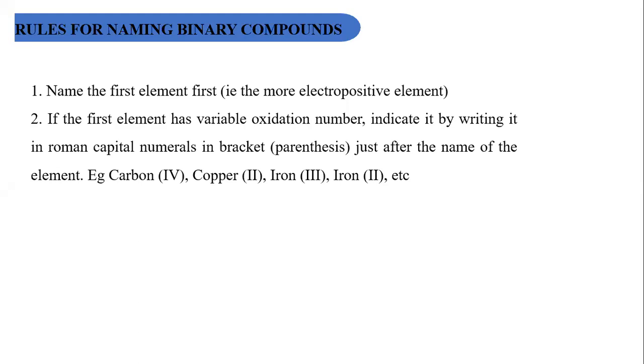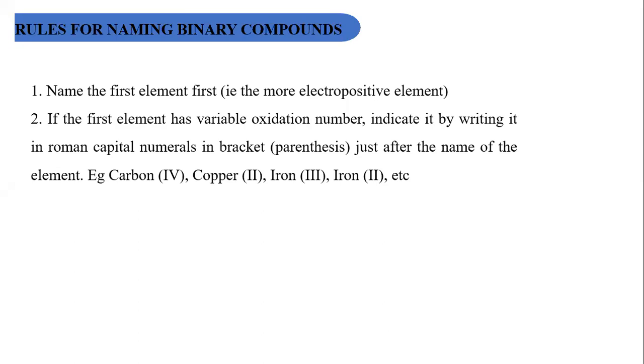So you see examples like carbon 4, copper 2, iron 3, iron 2, etc. These are all elements that show variable oxidation states. So when they come, you need to indicate the oxidation number.